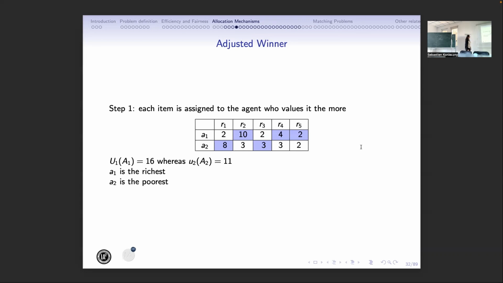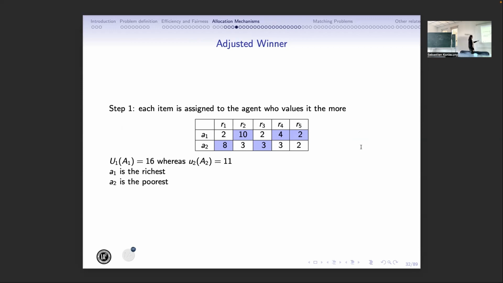So at the end, we can see that the first agent has a utility of 16 and the second agent has a utility of 11. So the first agent is the richest, and the second is the poorest.